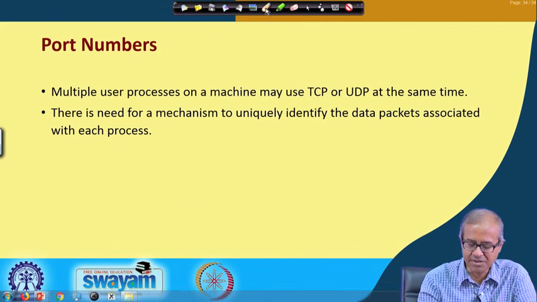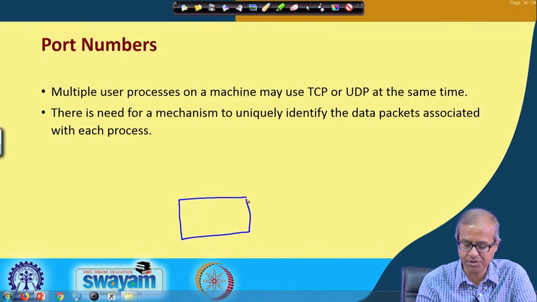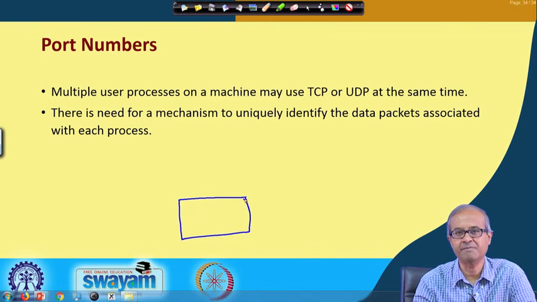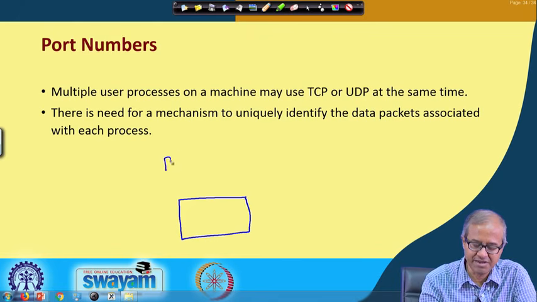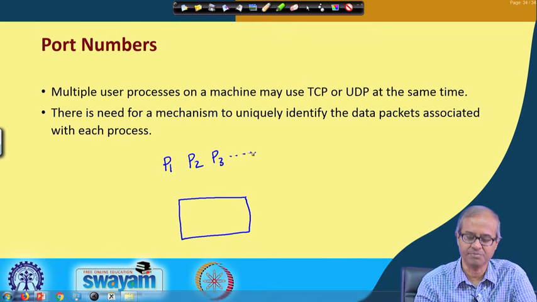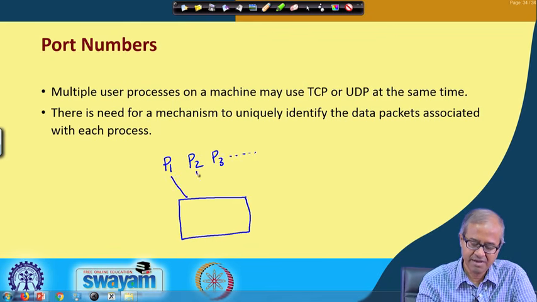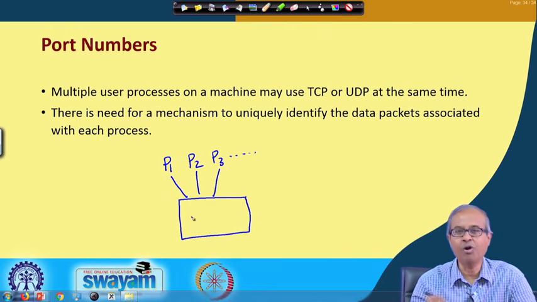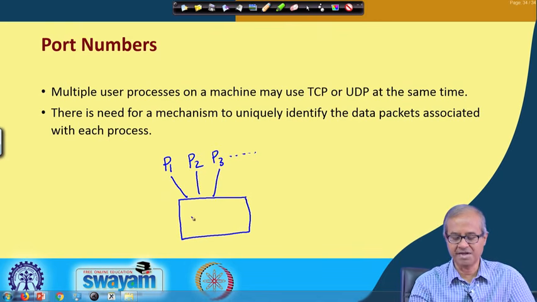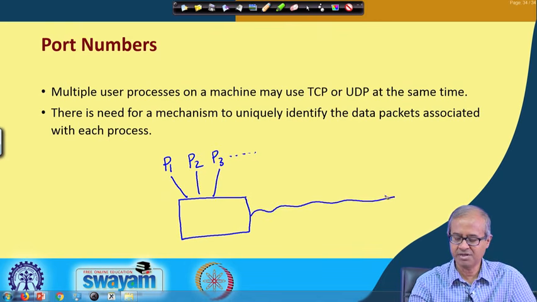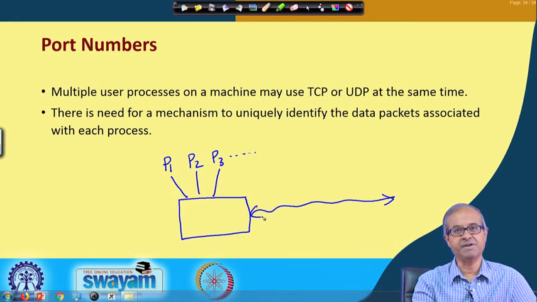Now, think of a particular computer on the internet. There can be several user programs running on this computer, P1, P2, P3, and they may all be trying to communicate some data over the network, sending and receiving data.